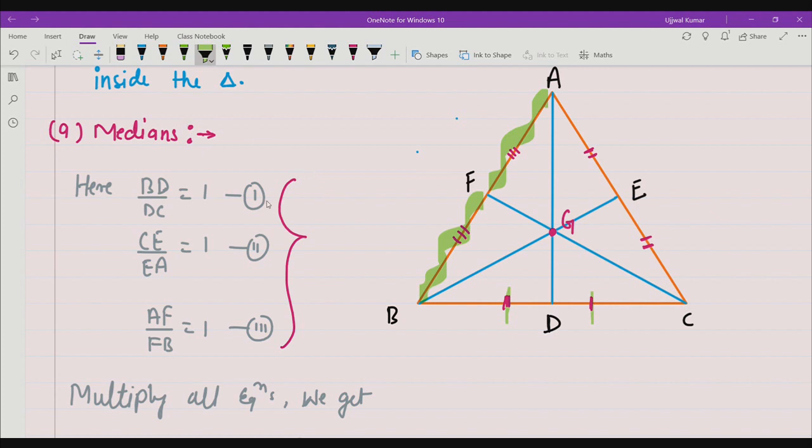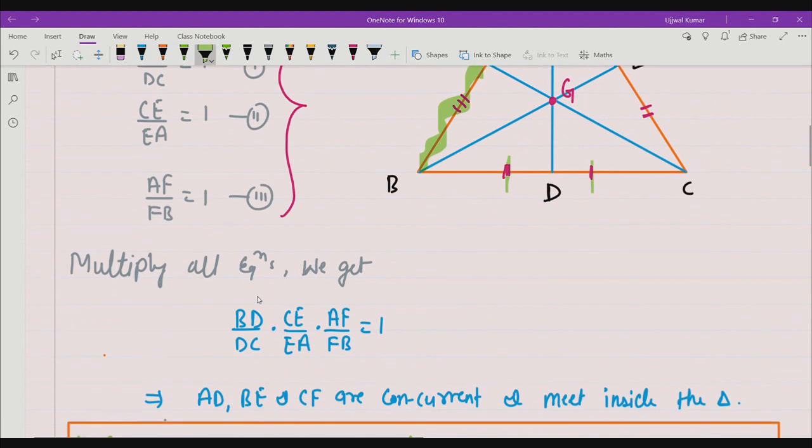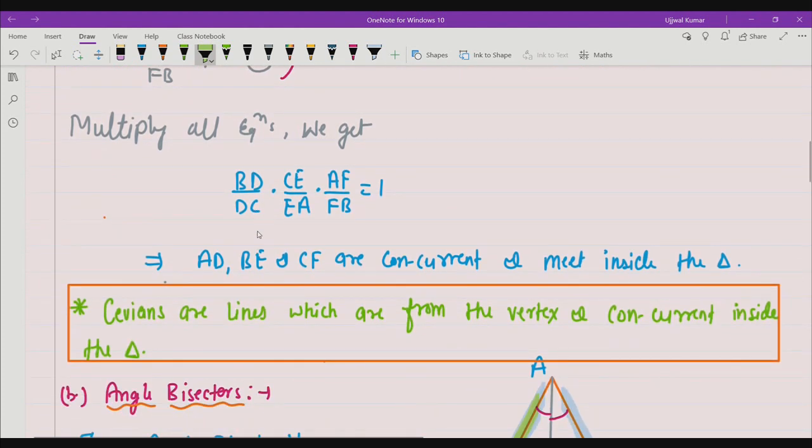And we can easily see that if we multiply all three equations, we get BD upon DC into CE upon EA into AF upon FB equals 1, which was the result of Ceva's theorem, right? We already know the Cevians are the lines from the vertices of a triangle that are concurrent inside the triangle.